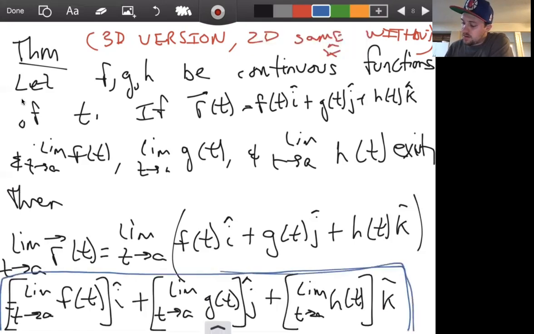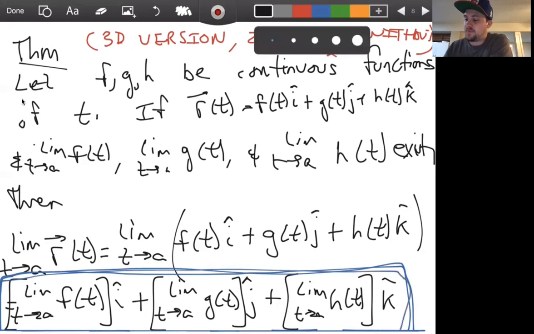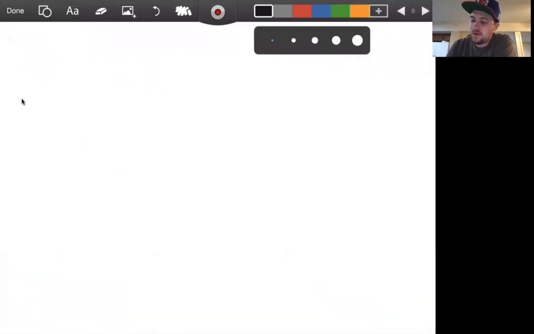This is a vector where each component of this limit vector is the limit of the respective functions. And so this will make it much easier to compute limits.